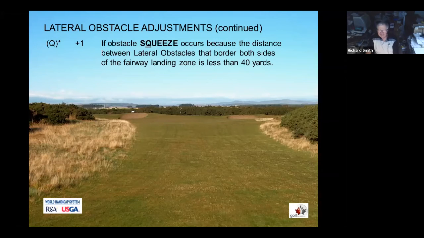All right, we can have obstacle squeeze on lateral obstacles. You'll recall we had that for bunkers. This is similar, except that the distance requirements are somewhat different.